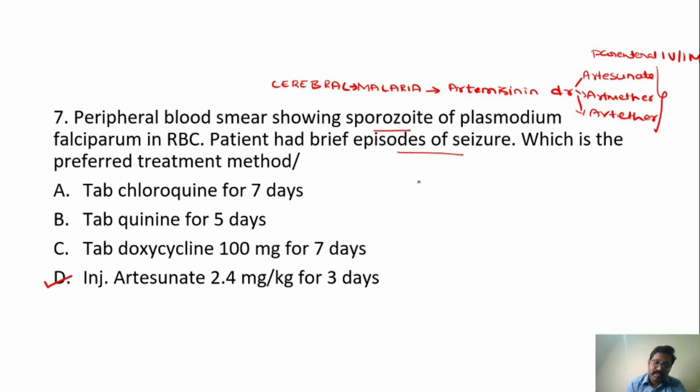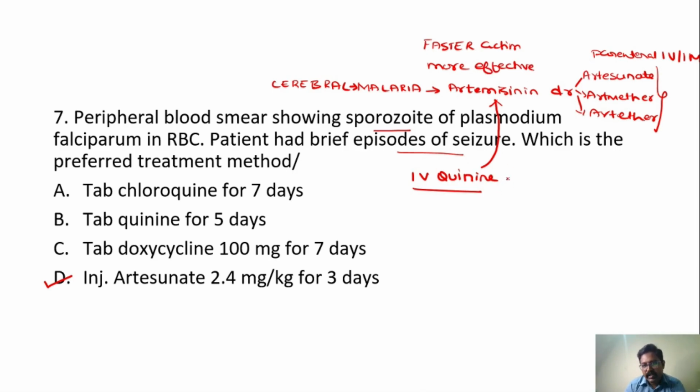Previously they were using IV quinine, but artemisinin derivatives are preferred now because of their faster action, and it is more effective.